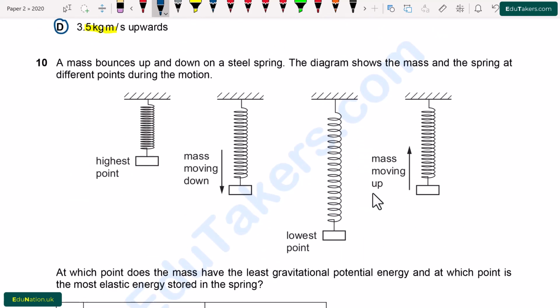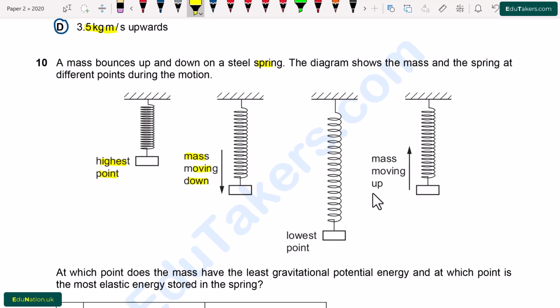Question number 10. A mass bounces up and down on a steel spring. The diagram shows the mass and the spring at different points during the motion. So first of all, here is a spring. This is the highest point. When this spring stretches, the mass moves downward as shown here.